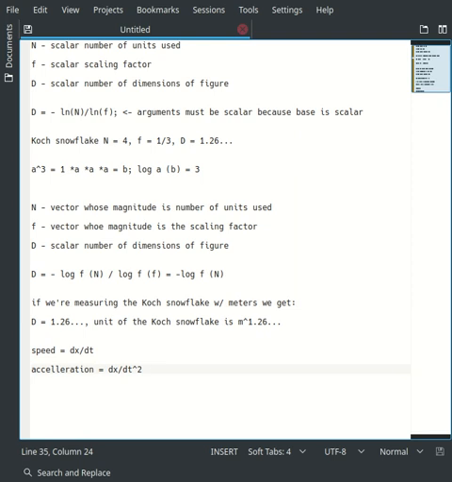Acceleration has a different unit from speed because of the exponent on your dt term. Well, it's not really a term. But because of the exponent on dt, that renders it a different unit.